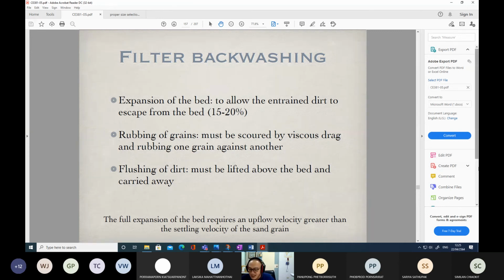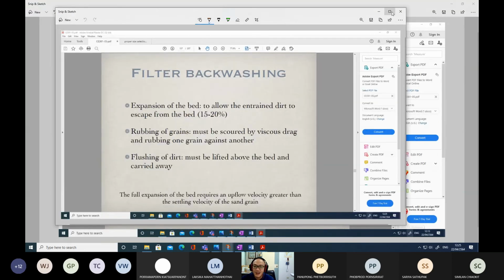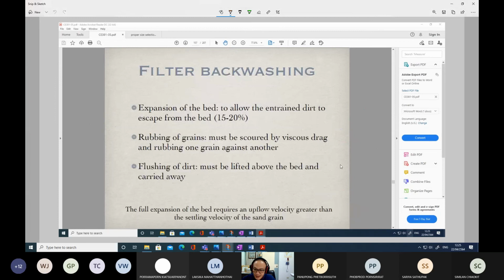But the idea of backwashing is that you have to consider the settling velocities of the media. Usually it's sand, or it could be anthracite, it could be gravel, whatever. You have to consider the settling velocities of the media. So this is the backwashing rate.